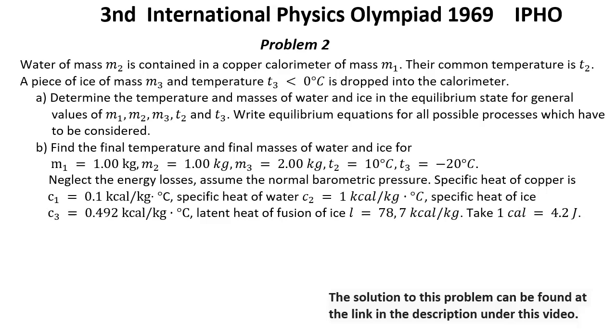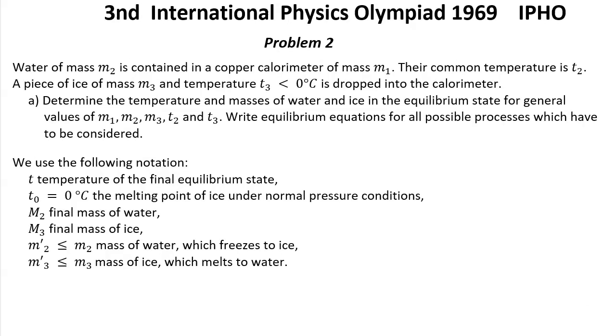And the specific heat of ice is C3 equals 0.462 kilocalorie per kilogram per degree Celsius. Latent heat of fusion of ice L equals 78.7 kilocalorie per kilogram, and take 1 calorie equals 4.2 joules.